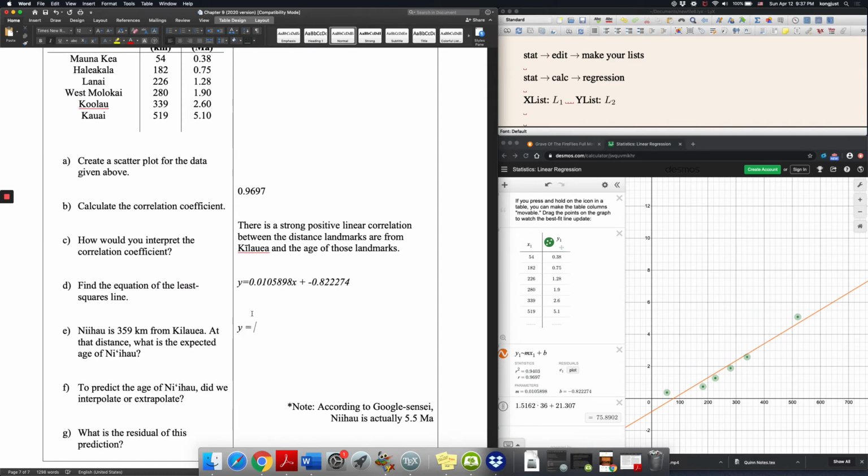It's going to be y is equal to 0.0105898, and this time x is 359, and then subtract 0.822274.